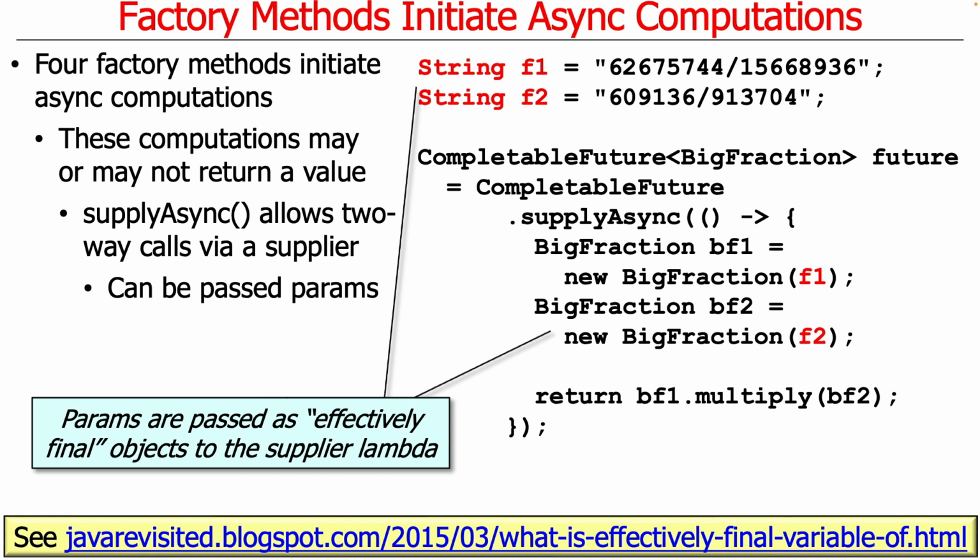And if you want to read more about that, you can take a look at this link. But in a nutshell, an effectively final variable in Java is one that's set but not modified up to the point where it's used. So that makes it effectively final. It's set, but it's not changed. You don't have to actually say it's final. So that's how you can pass parameters to supplyAsync.